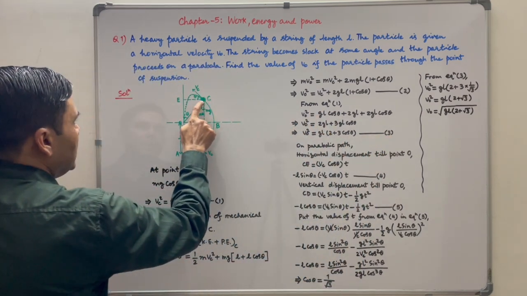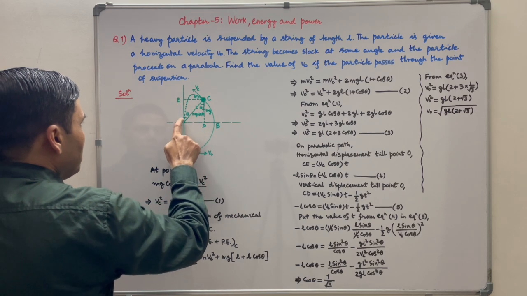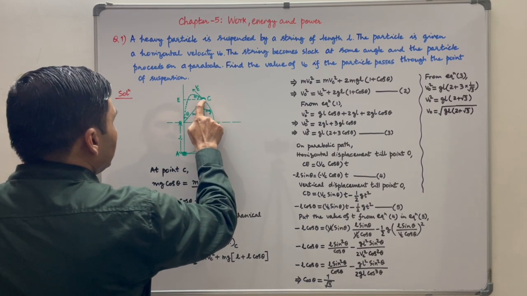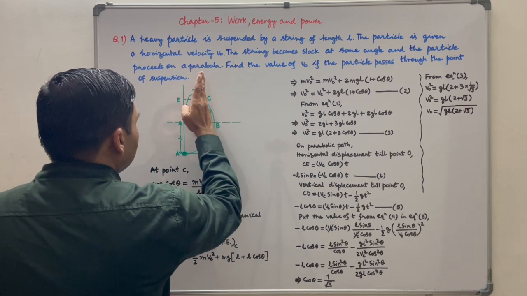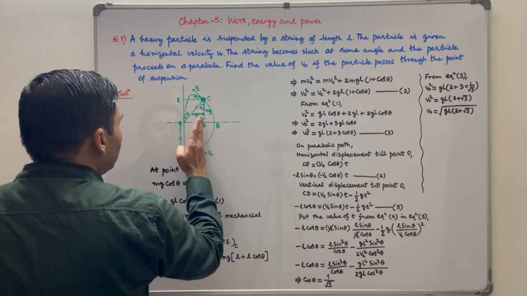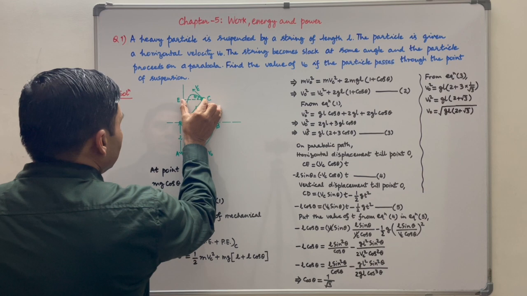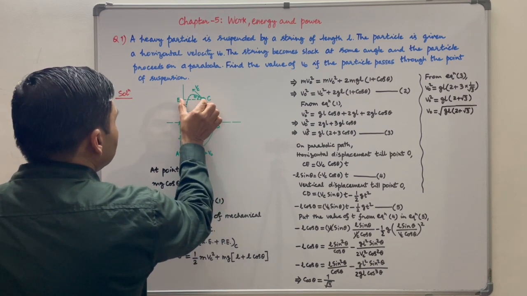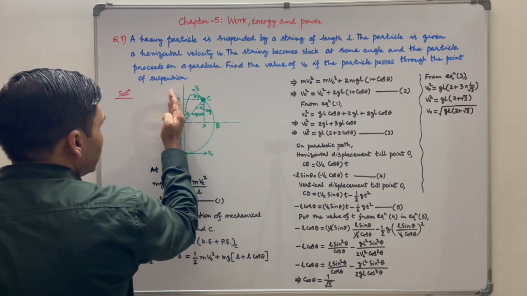Now the particle will leave the circular path and start traveling on a parabolic path. Suppose we take C as the point of reference. Right side and upward we will take positive, left side and downward we will take negative. Horizontal displacement when the particle travels from C to O will be CE or OD, and we will take this as negative.